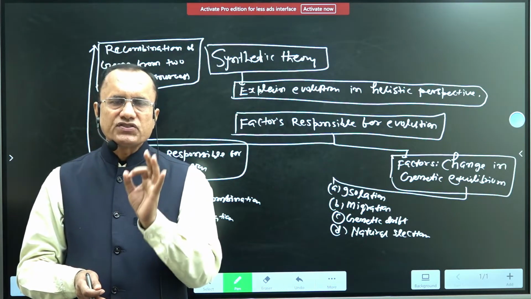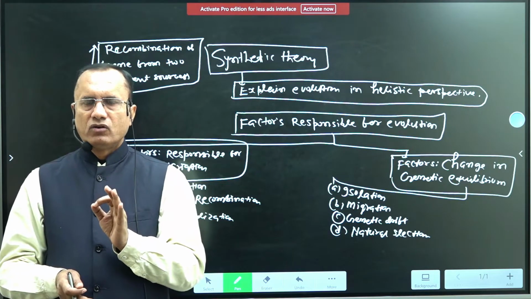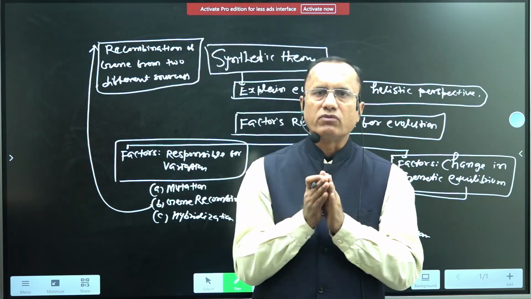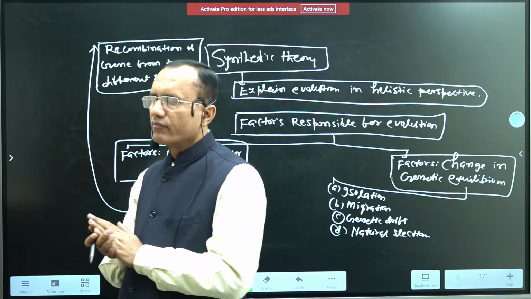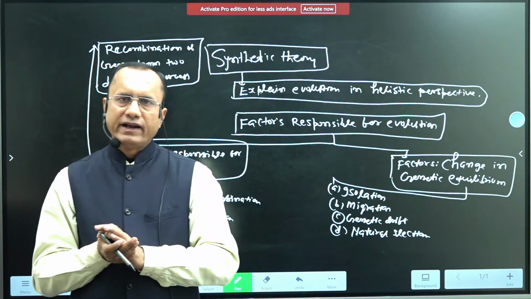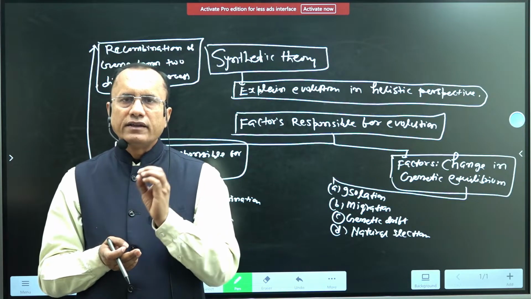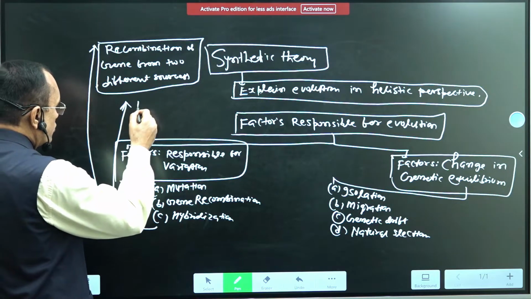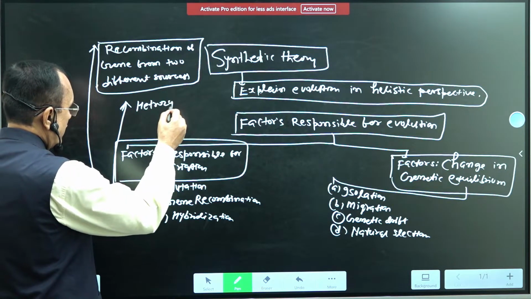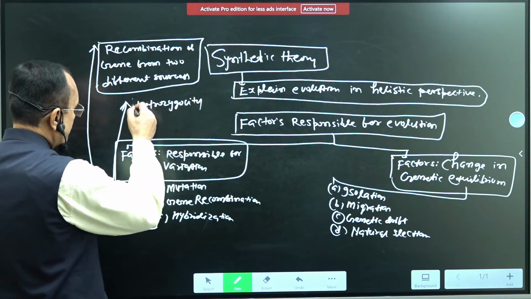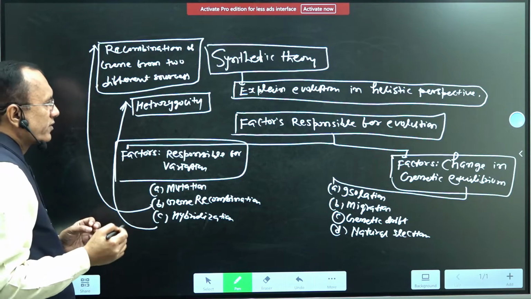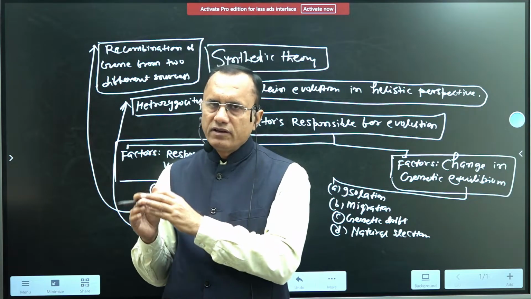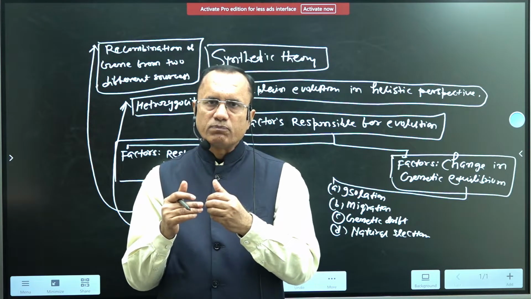The third important thing is hybridization. When male and female belonging to two different social groups mate with each other, due to hybridization there is development of heterozygosity in the population, and therefore it has a very important role in the change of gene frequency in the population.